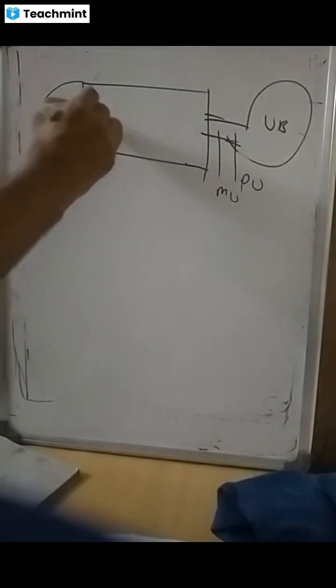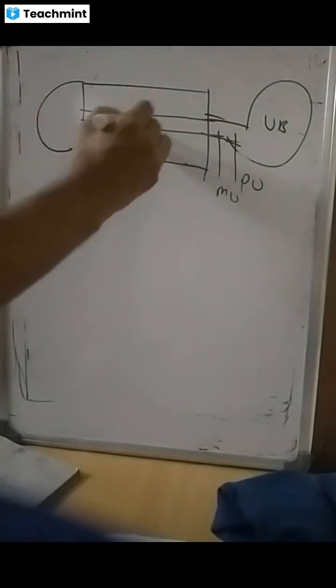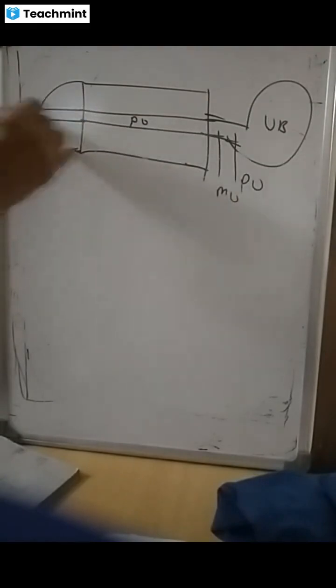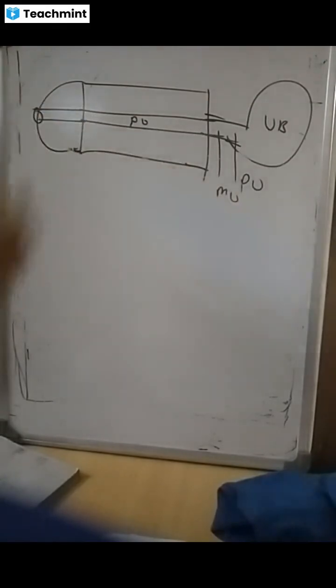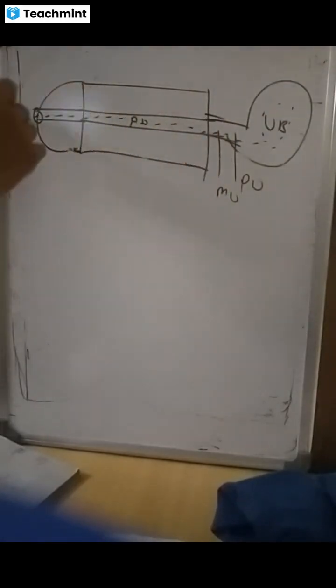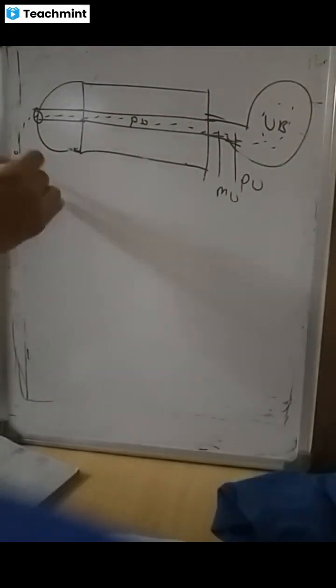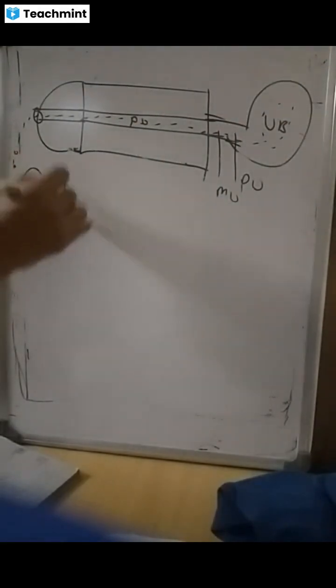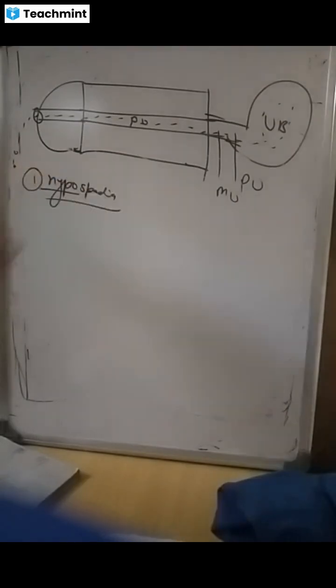And this is the penile urethra, and it will open here. From the urinary bladder filled with urine, urine comes out and normally comes like this. Number one, that is ventral.